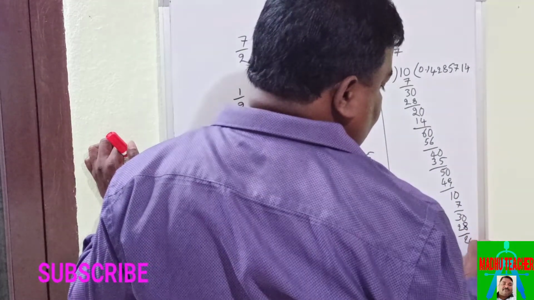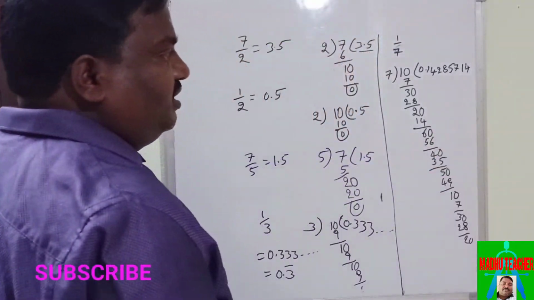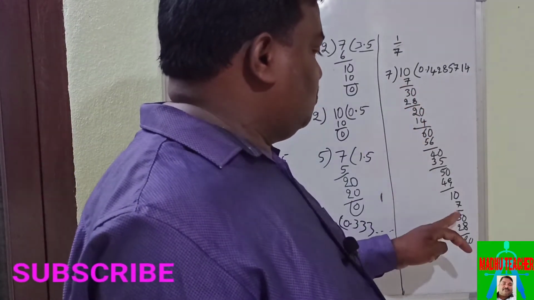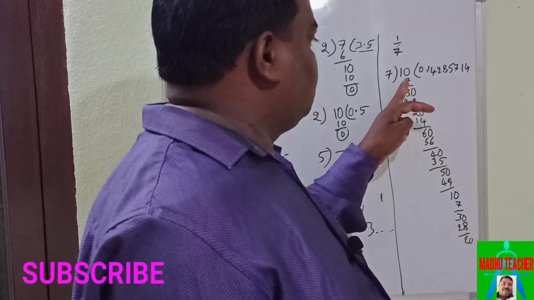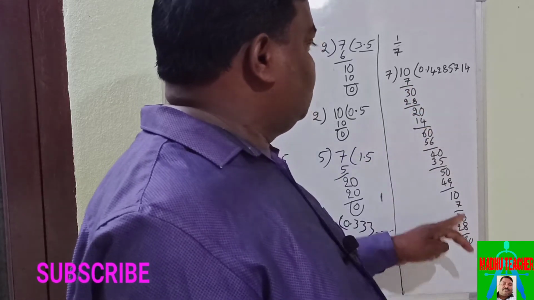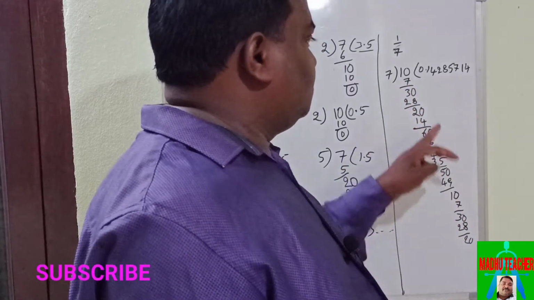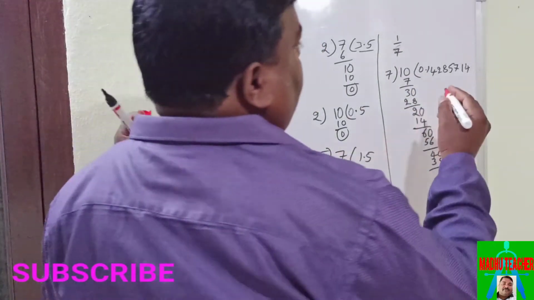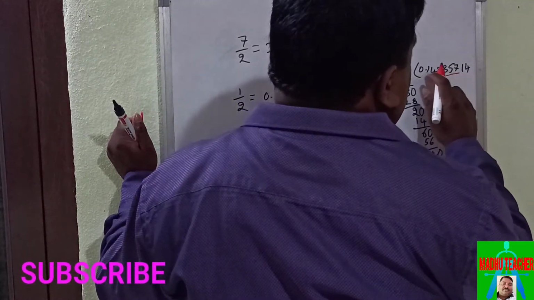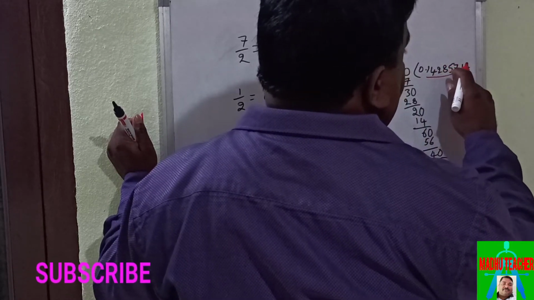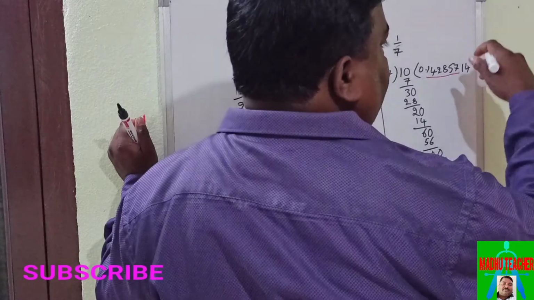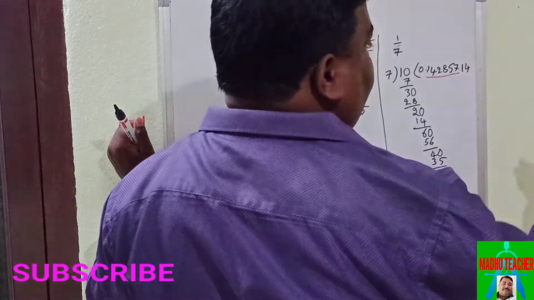2 remainder. 20. By observing this, we are repeating. So 10, 3 remainder, 28, 2 remainder, like this. Up to here we got 1 4 2 8 5 7, then again we will get 1 4 2 8 5 7, then again 1 4 2 8 5 7.